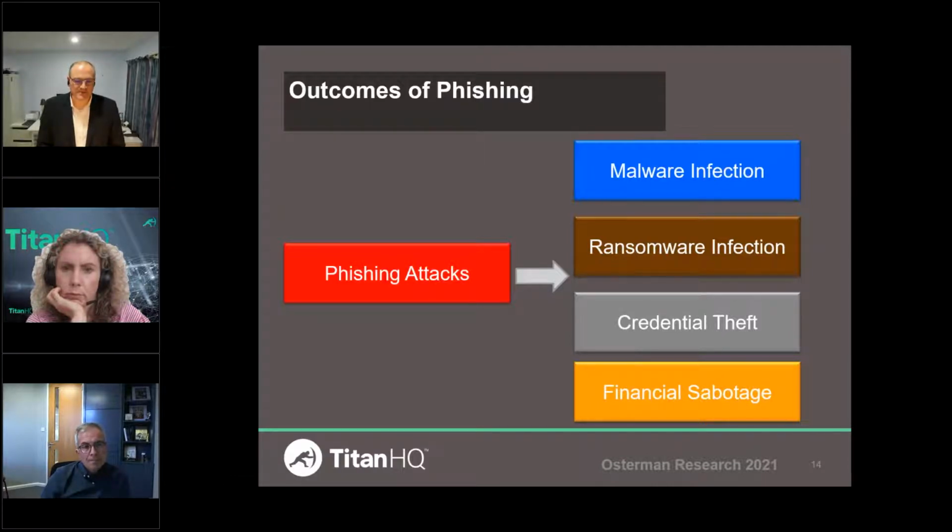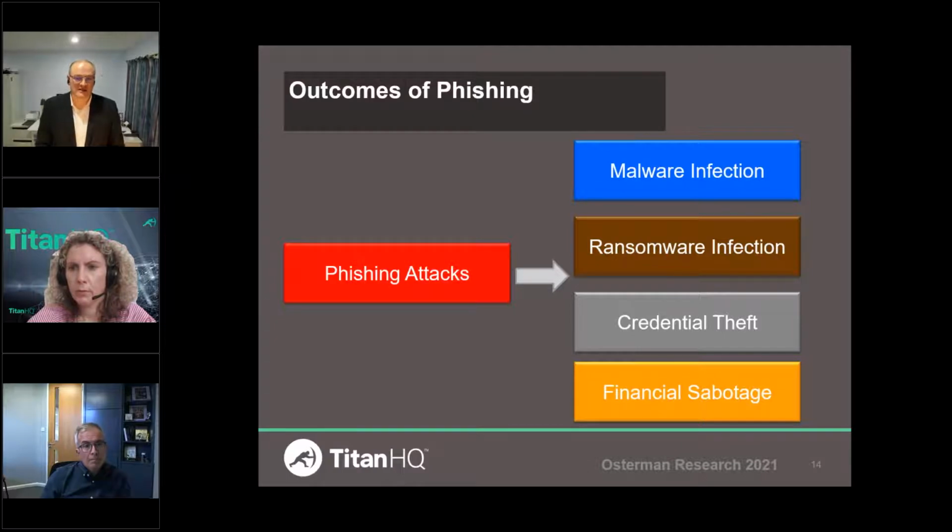And we also see phishing attacks being used for financial sabotage in the form of invoice attacks, where someone sends an invoice through pretending to be from a vendor, or sends an email through saying, hey, I'm from this vendor, we've just changed bank account, could you please pay current invoices into this?